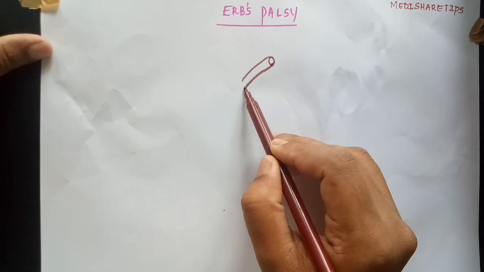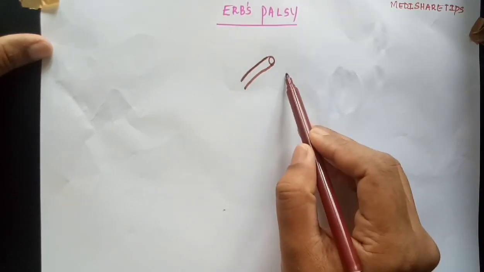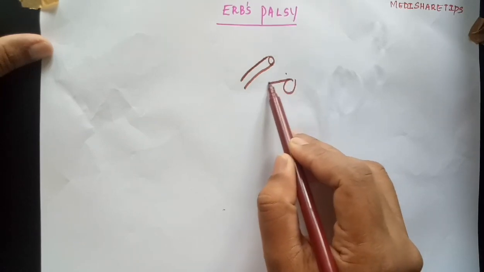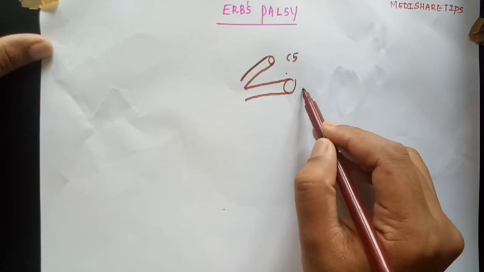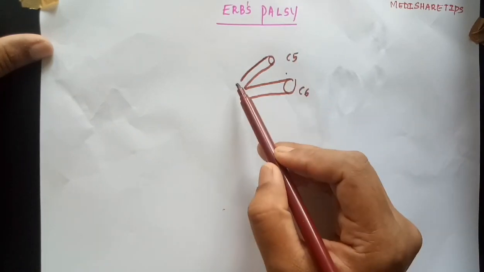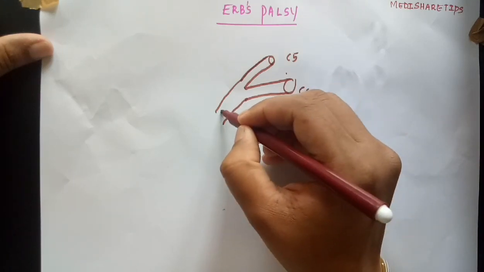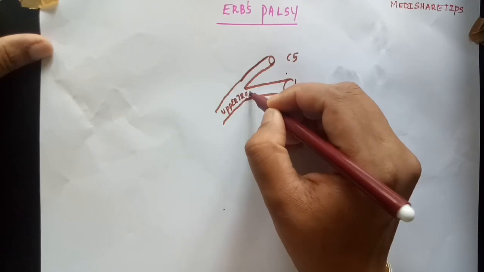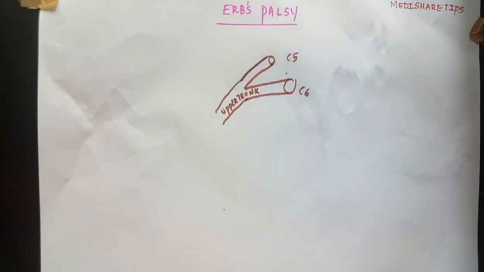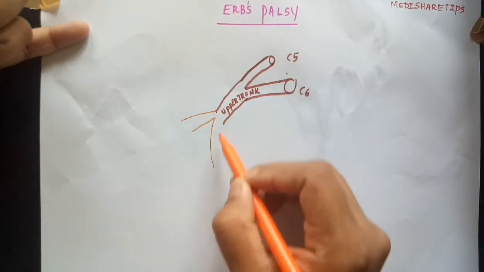So this is the ventral rami of C5 spinal nerve, and this is the ventral rami of C6 spinal nerve. The ventral rami of C5 and C6 spinal nerves combine to form the upper trunk of the brachial plexus. So this is the upper trunk. We know that the upper trunk further divides into an anterior division and a posterior division.